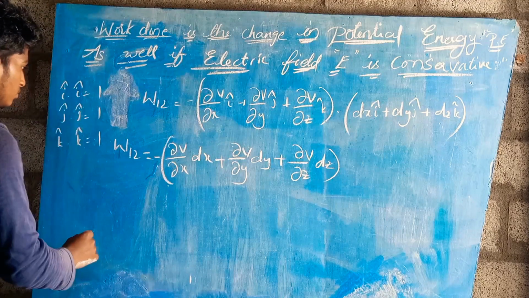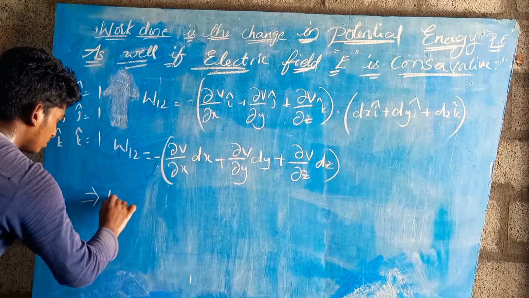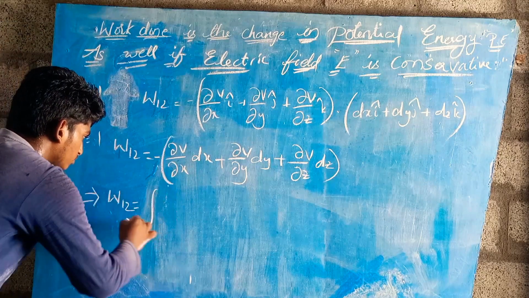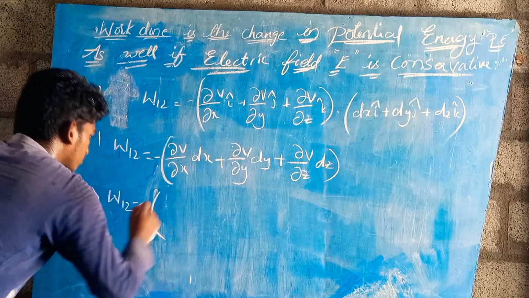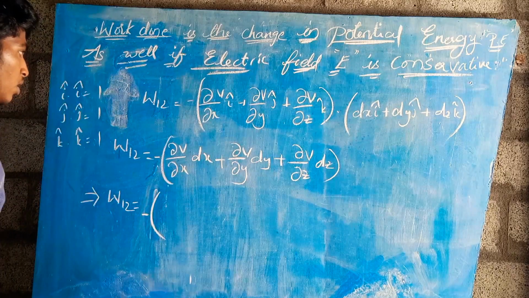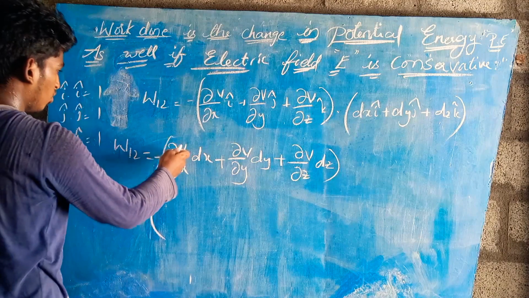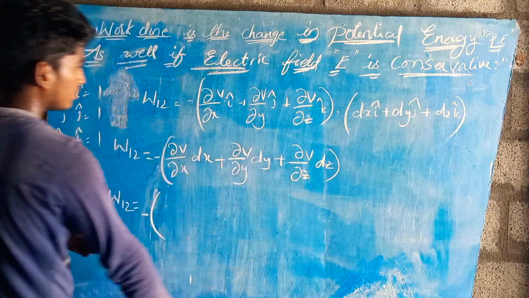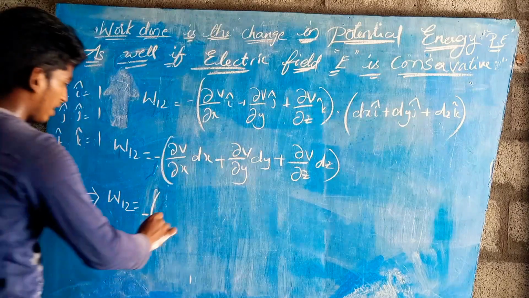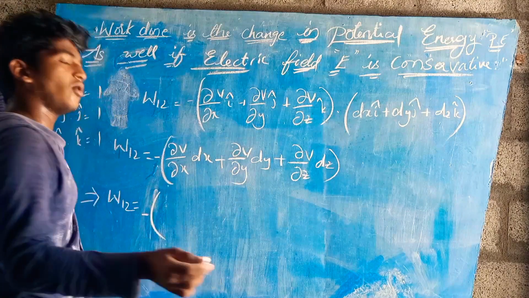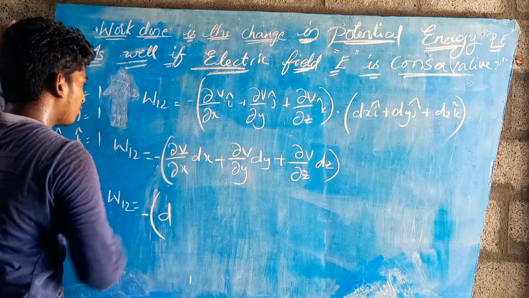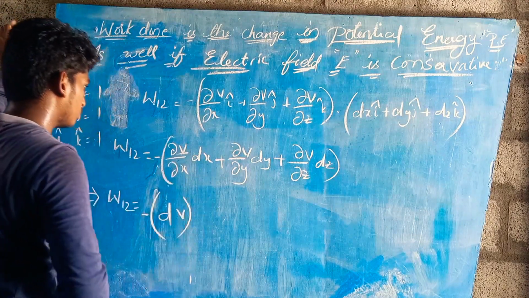That implies W12 is equal to minus of dou by dou x dx, dou by dou y dy, dou by dou z dz can be written as del, and del can also be written as d. So the remaining term is V.